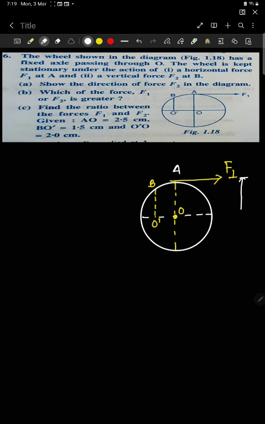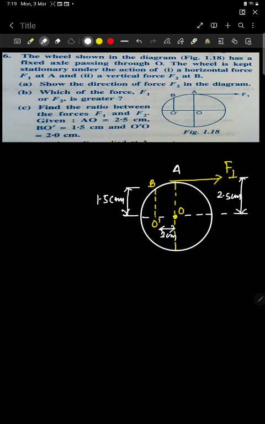AO, this distance, is 2.5 centimeter. Then BO dash, this distance, is 1.5 centimeter. Then OO dash, this distance, is 2 centimeter. So these are the given data.